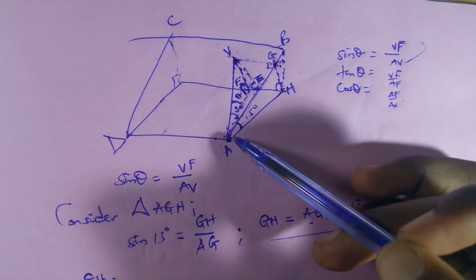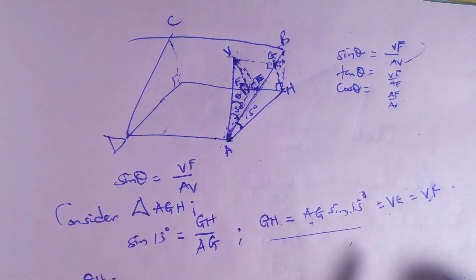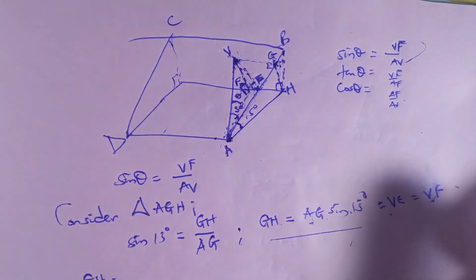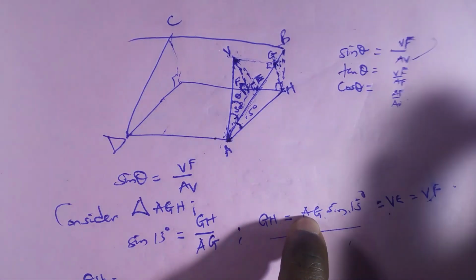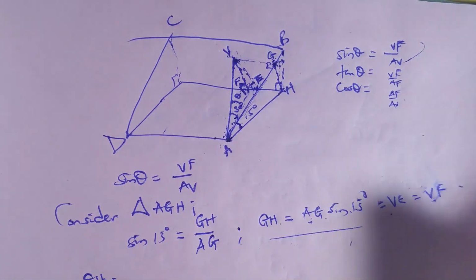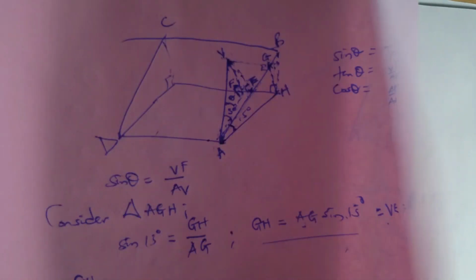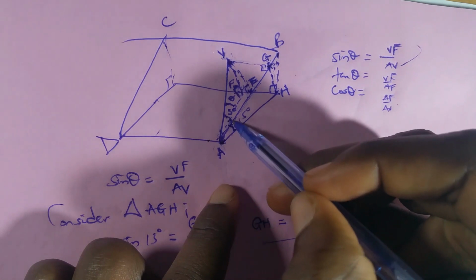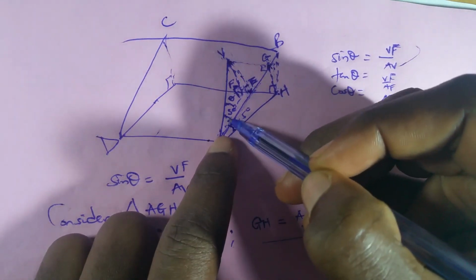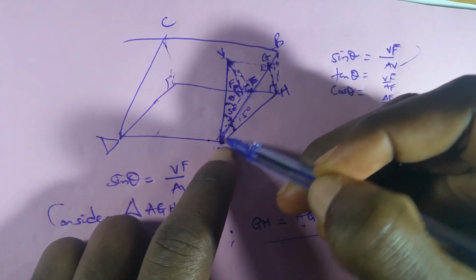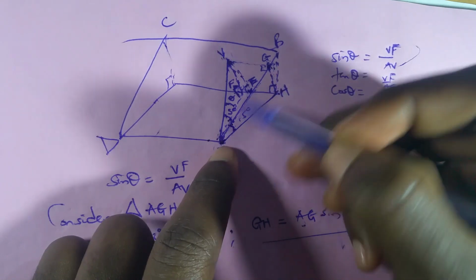We are going to consider triangle AGV in order to get AG. From triangle AGV, I think the angle there is 30. We have 30 from there up to there.